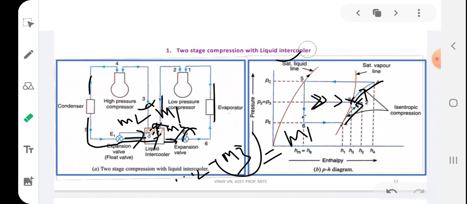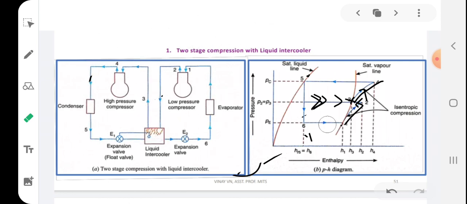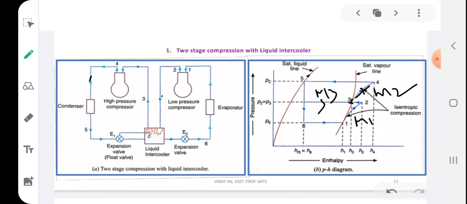Okay, so in this figure you can see m1 here. From here in this direction m3 is coming. So at this point m1 and m3 join to form m2. This m2 comes here and reaches here, and from m2 some m3 is passing in this direction, and the remaining m1 is passing in this direction.